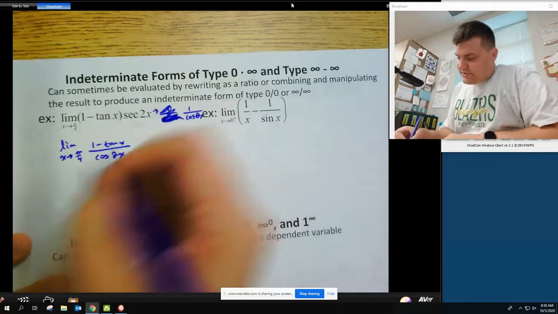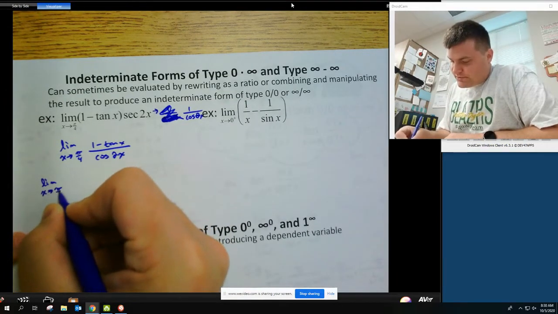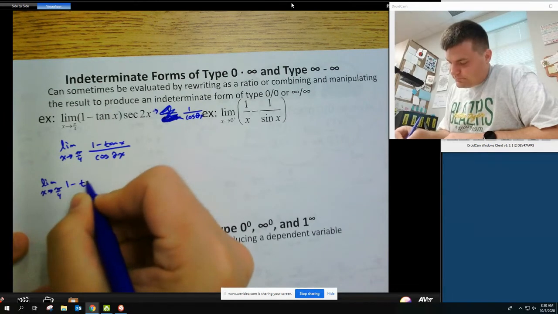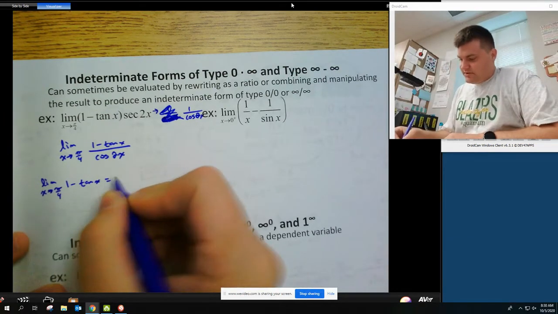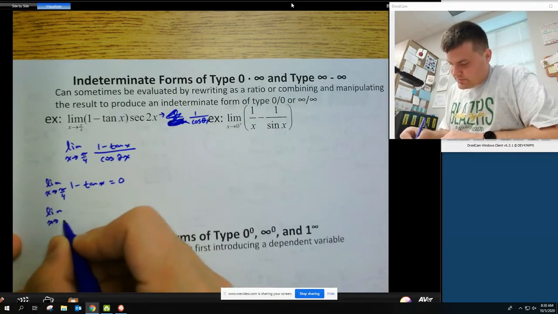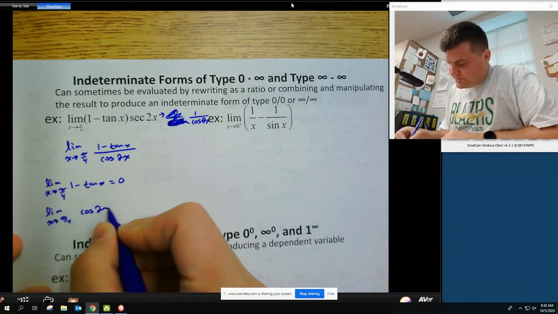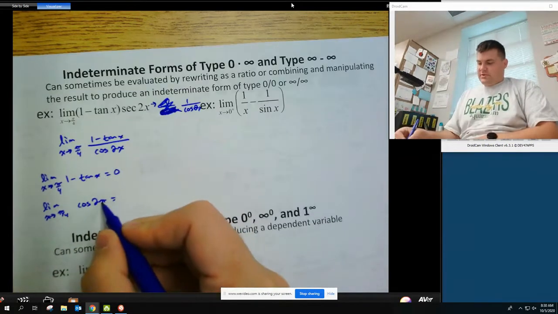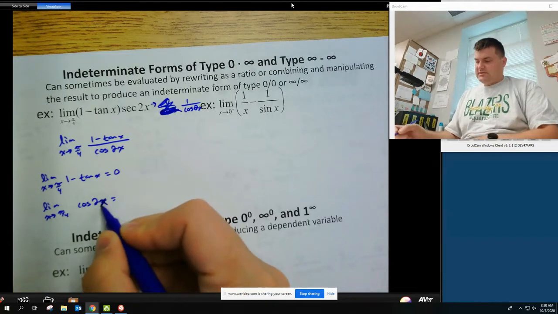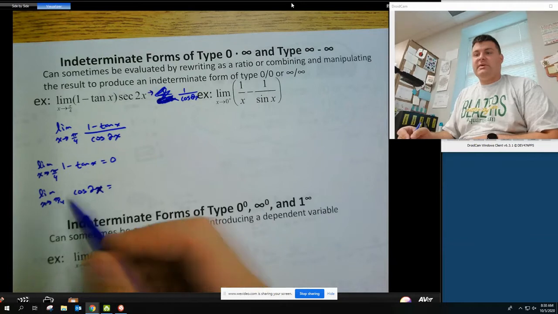So let's go ahead and show that it is indeed 0 over 0. So this is going to give me 0 on top, and on the bottom cosine of 2x, which would be cosine of pi over 2. Cosine of pi over 2 is indeed 0.